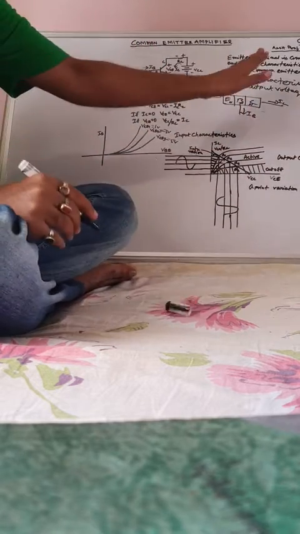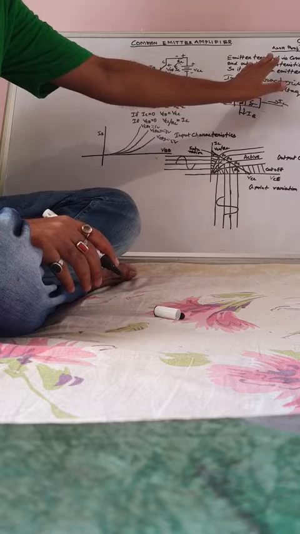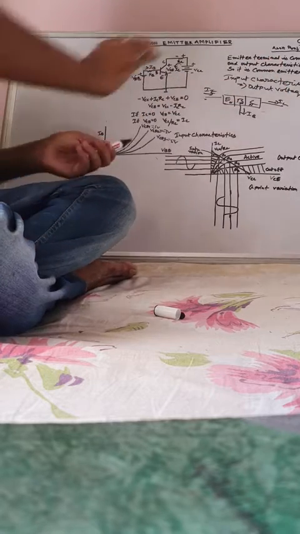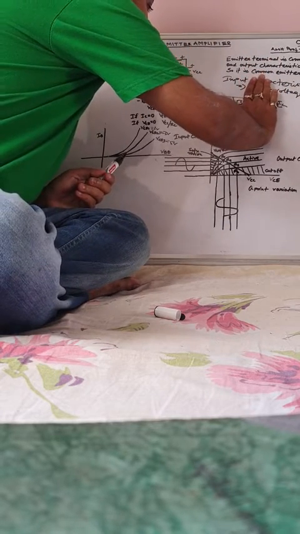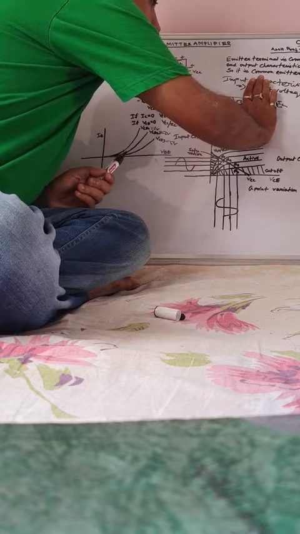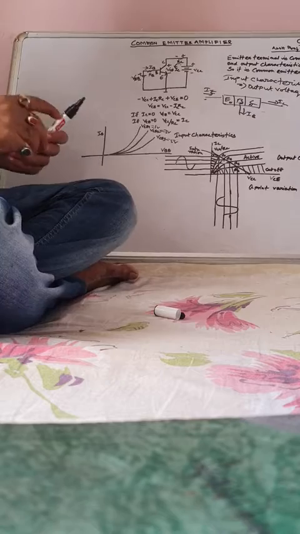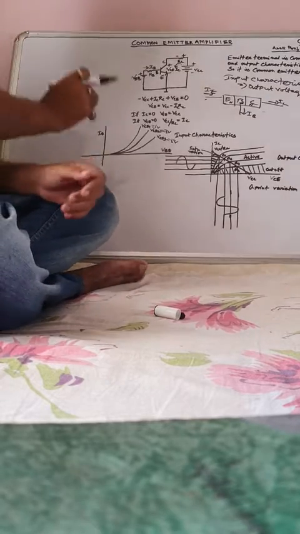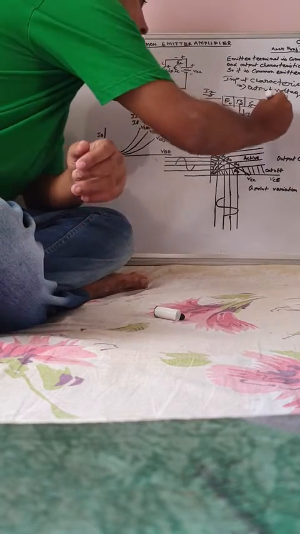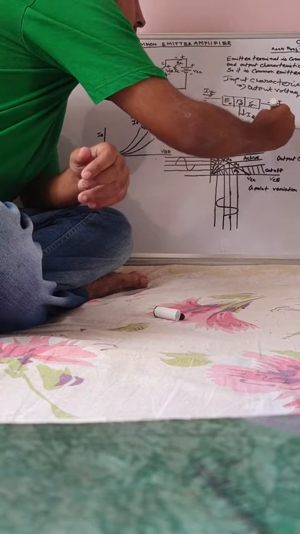So whatever you are doing, the input characteristics, you suppress this. This NP junction behaves like a diode, PN junction diode. So diode in forward bias, curve looks like this.